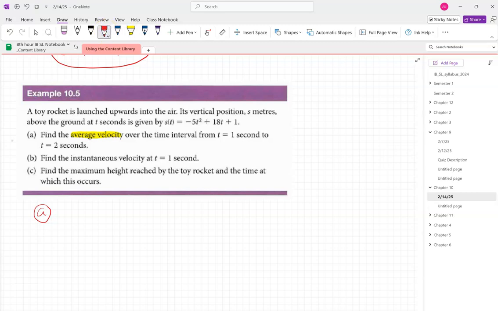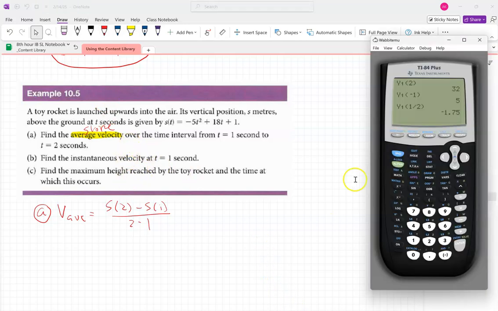That means slope. So that's just going to be like s of 2 minus s of 1 over 2 minus 1, right? Guess what I'm not doing? I'm not doing that by hand. I'm going to use my calculator and kind of do the same thing.